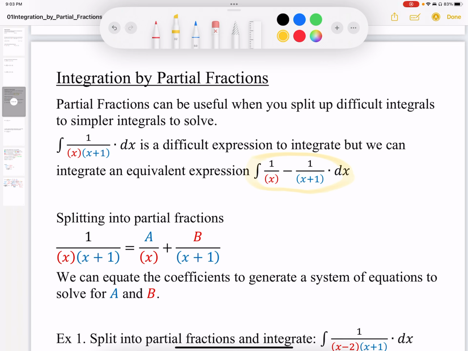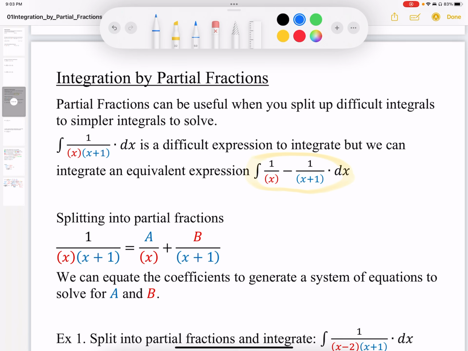So in this case here, we have 1 over x times x plus 1. We can split these into the partial fractions by setting up the partial fraction here. So we have a over x, b over x plus 1. We can make the coefficients equal to each other. We can set up a system of equations where we can equate the coefficients.